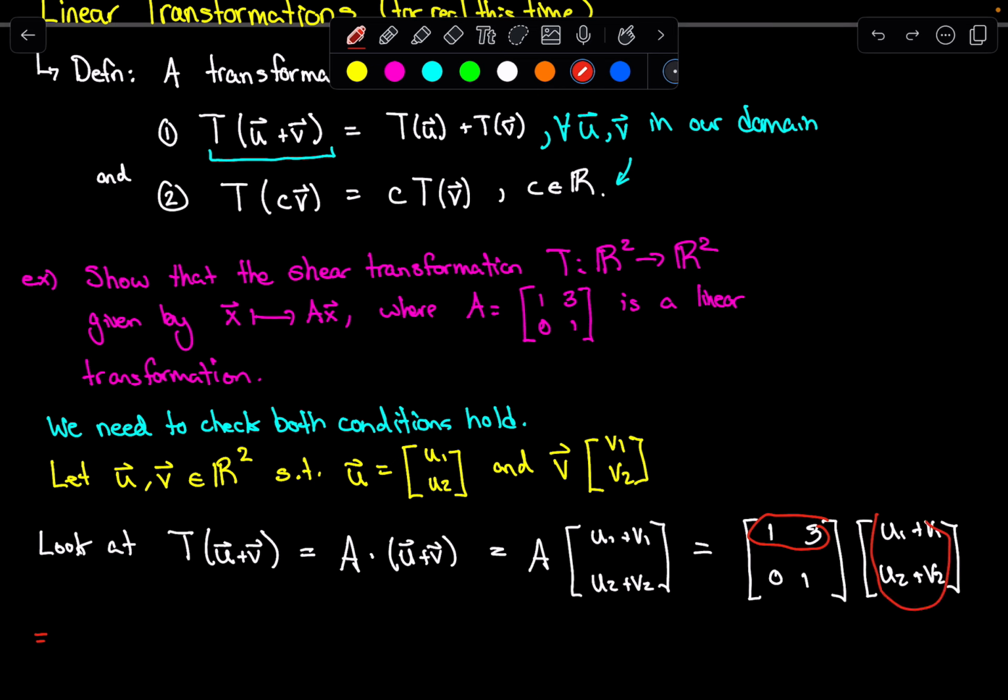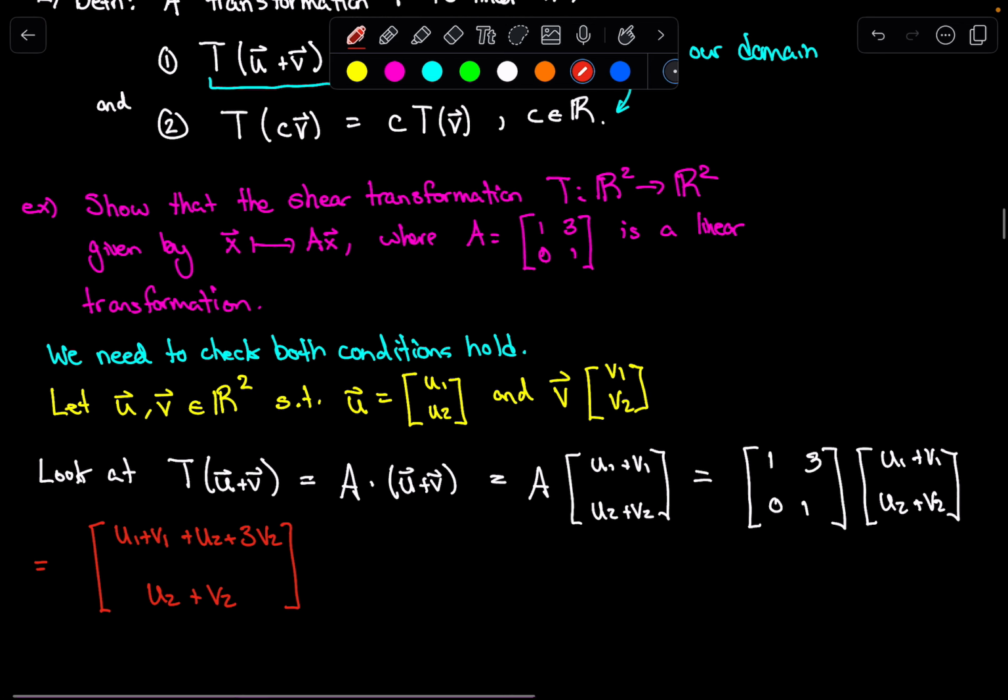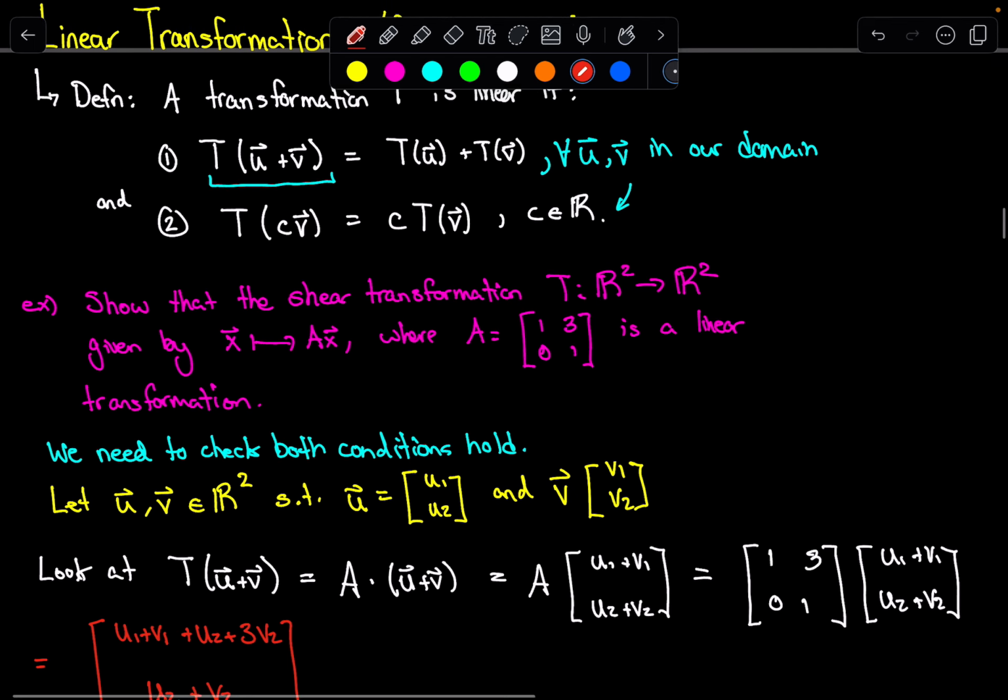So we're going to do row times column, and what that gives us for the first one is u1 plus v1 plus 3u2 plus 3v2. That's going to be our first entry, and then the second one is going to be u2 plus v2. Now this thing kind of looks like a hodgepodge, but I'm just going to leave it there. We've handled the left side of this equality.